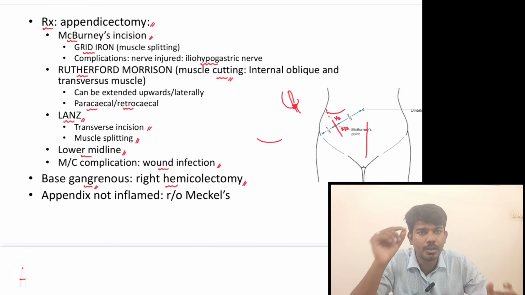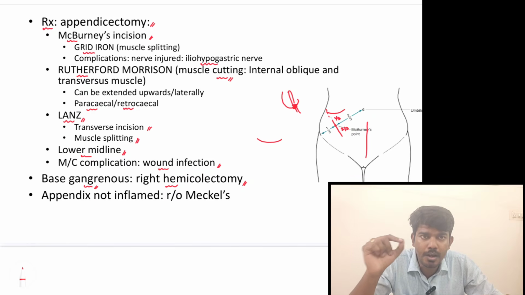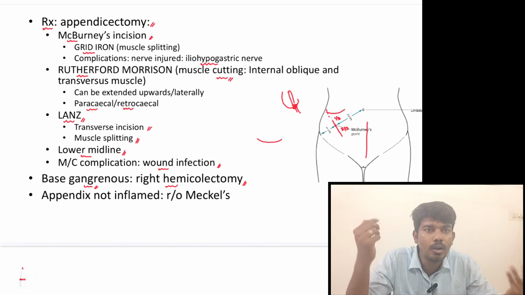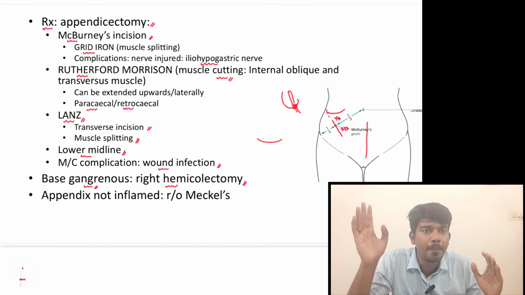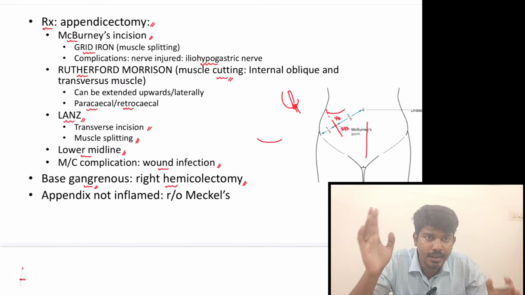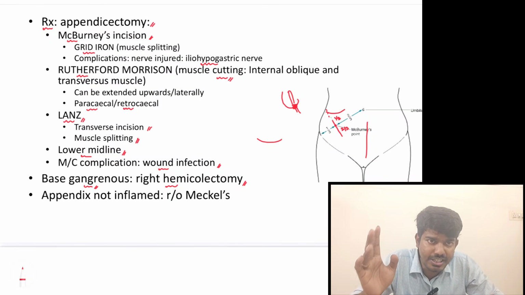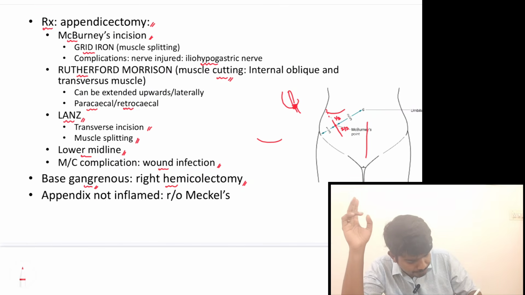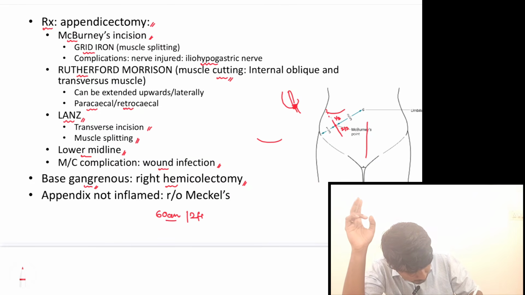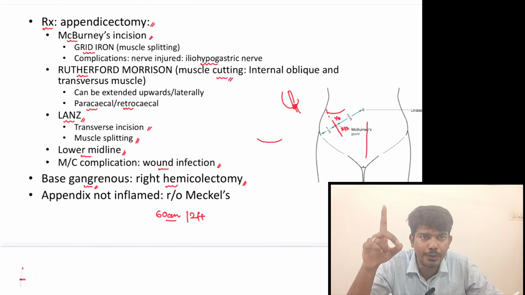Suppose we go in, look at the right iliac fossa, and the appendix is normal. What are we going to do? Can we just remove it and come out? No, we have to look for Meckel's diverticulum. Meckel's diverticulitis is a differential diagnosis for acute appendicitis. So we have to search up to 60 centimeters, that is 2 feet. This is the rule of 2 in Meckel's diverticulum: it is 2 feet from the ileocecal junction.